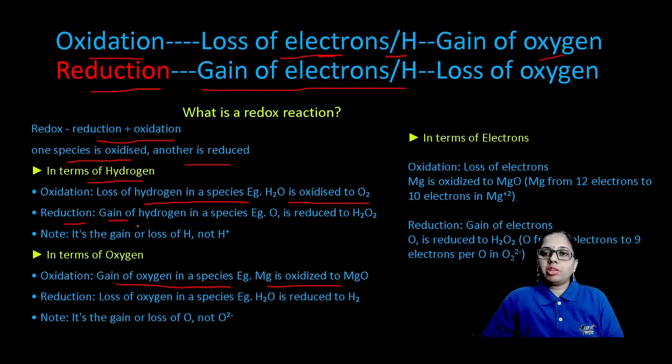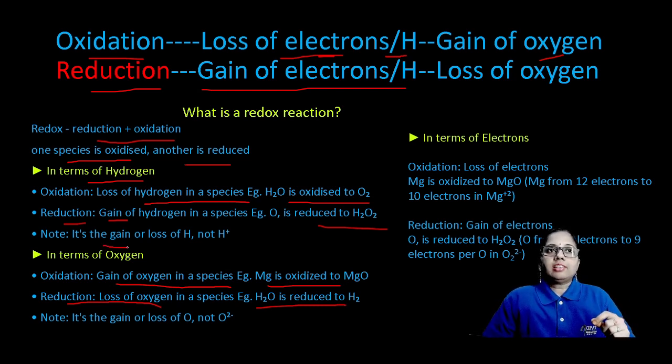Reduction means gain of hydrogen in a species. Example, oxygen O2 is reduced to H2O2. In terms of oxygen, it is loss of oxygen in a species, that is H2O is reduced to H2, right? So this is called reduction. Oxidation and reduction involve gain or loss of hydrogen, but not H+.